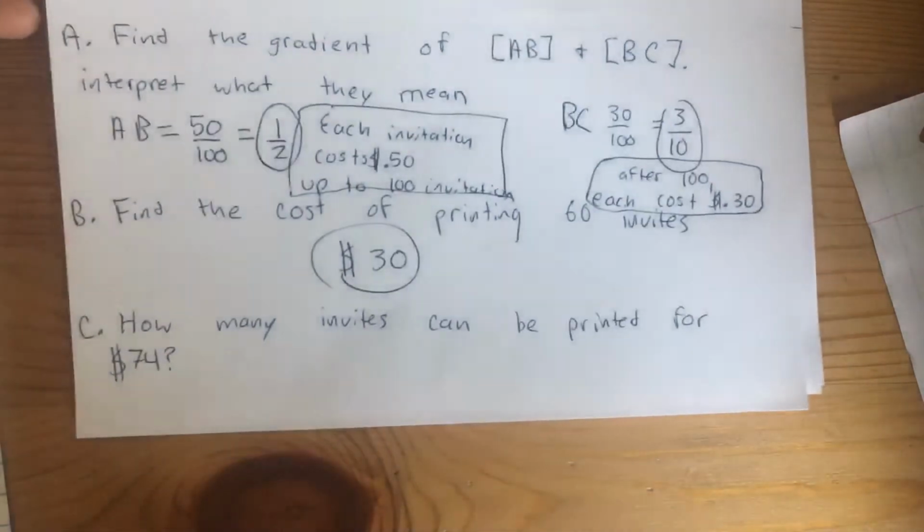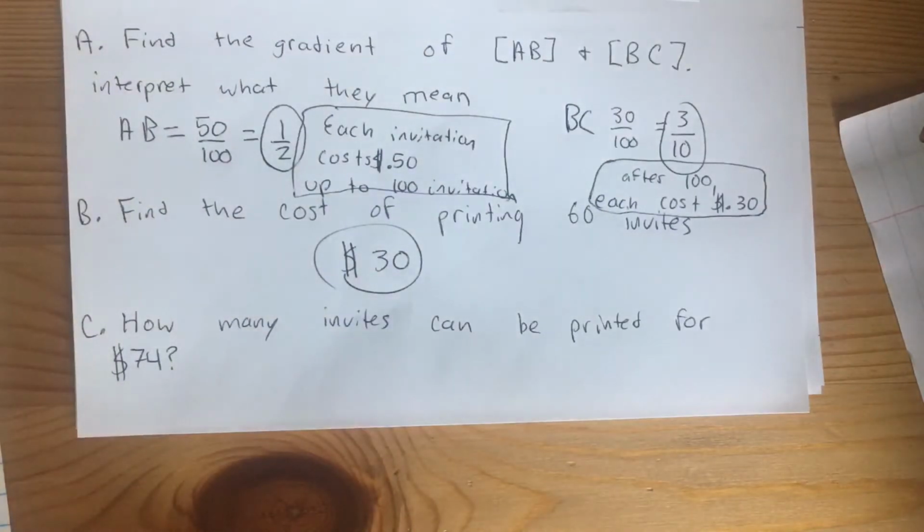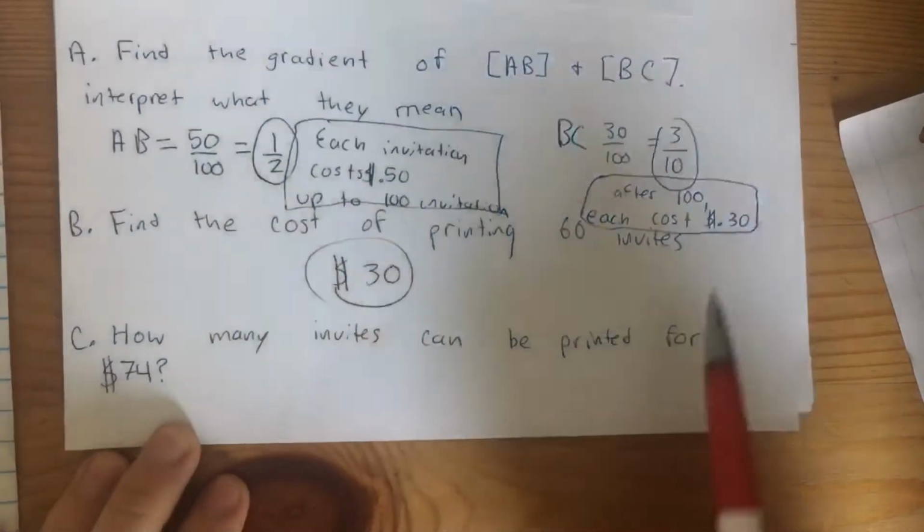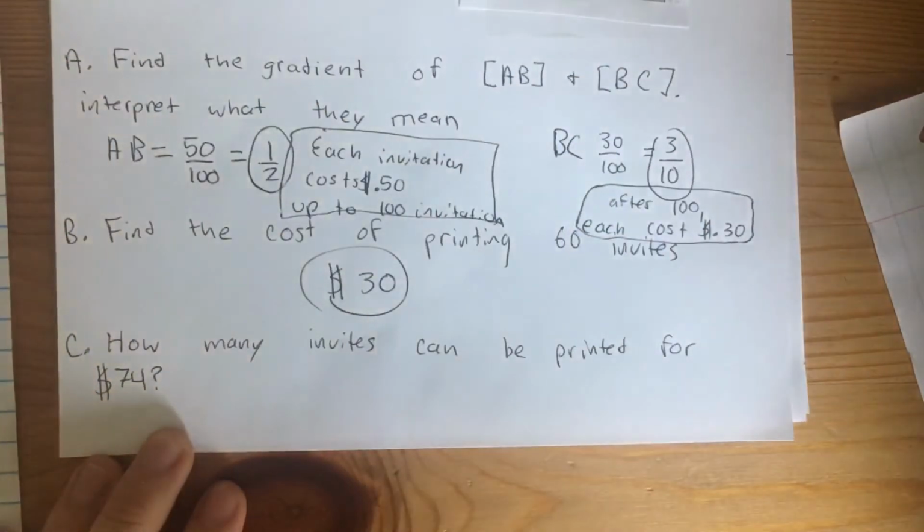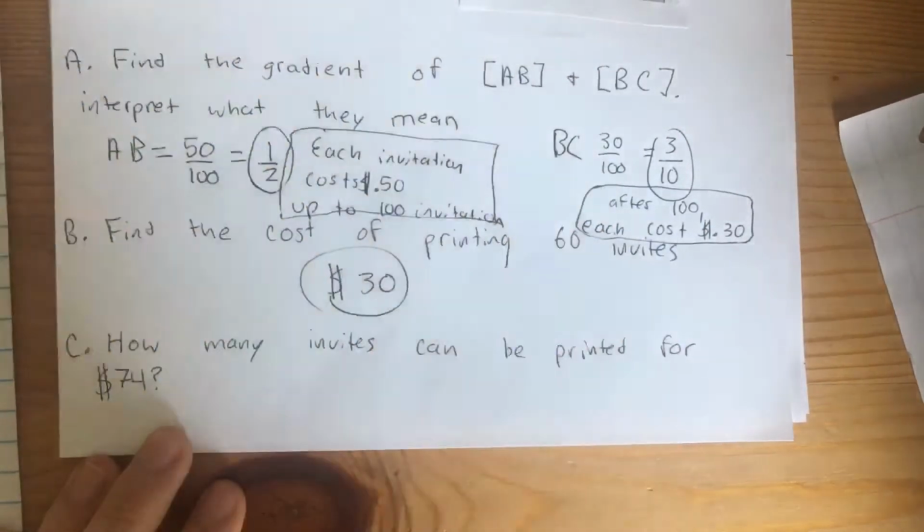We can kind of estimate it, and we could probably get close, but we want the most precise information available. So we can write an equation and then solve that equation. We have the slope of BC, and we're going to have to use BC because it's more than 100 invitations.